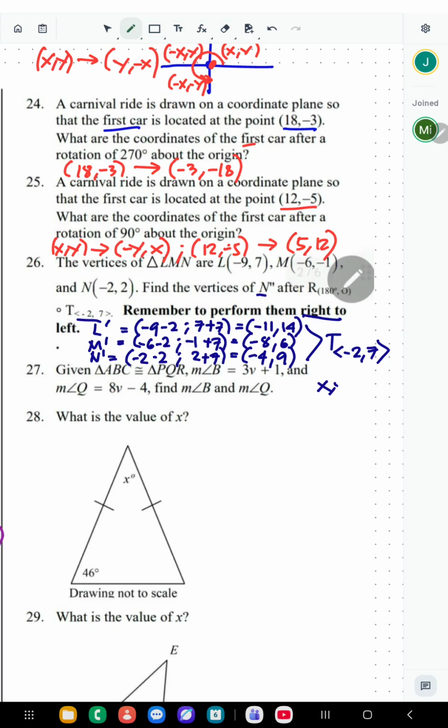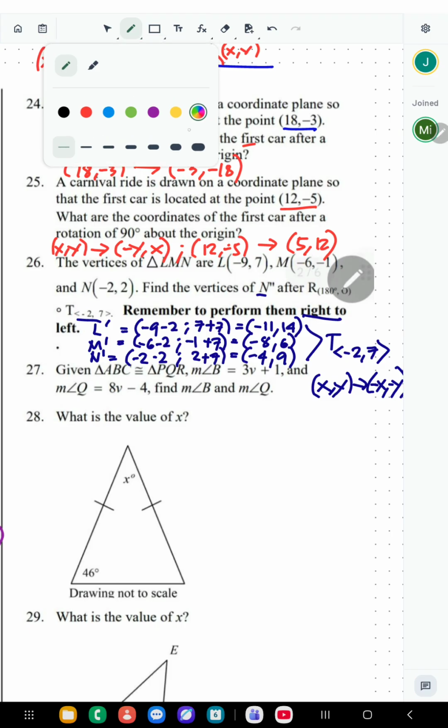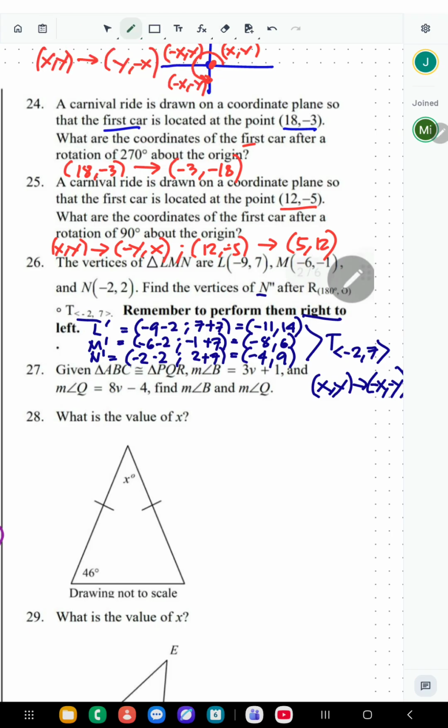So that means the coordinates x, y would become negative x, negative y, because it says 180 degrees about the origin. So our coordinate of N prime, negative 4, 9, would become N double prime.